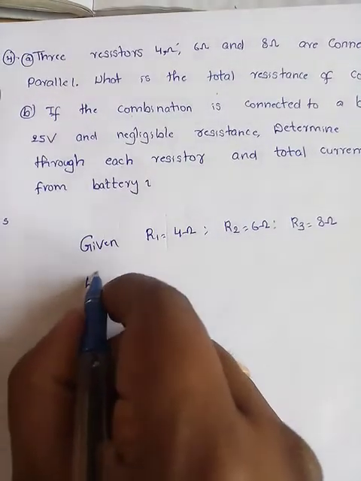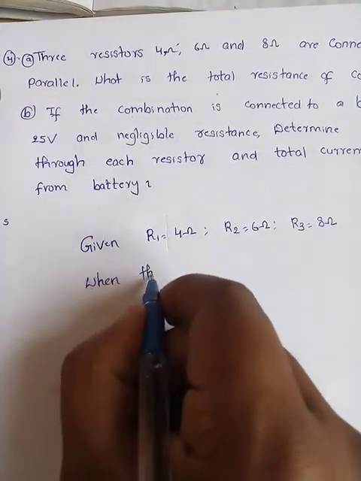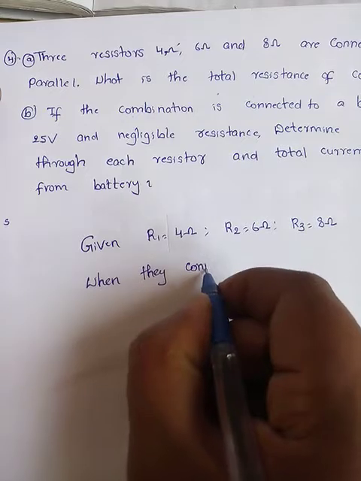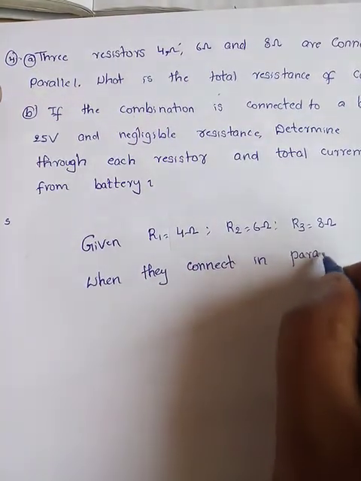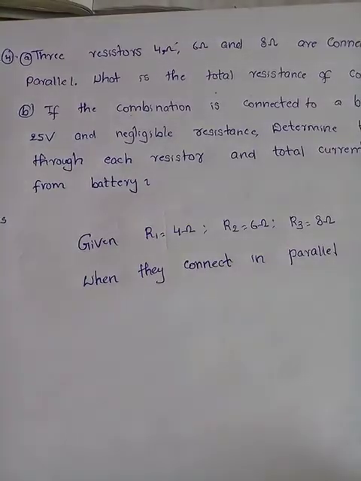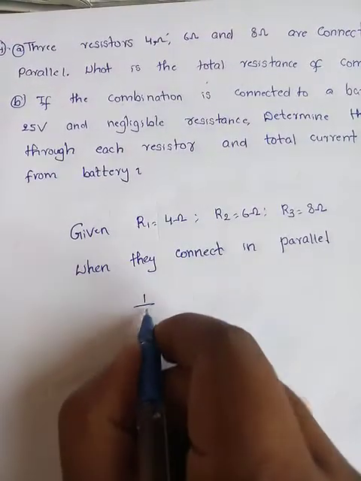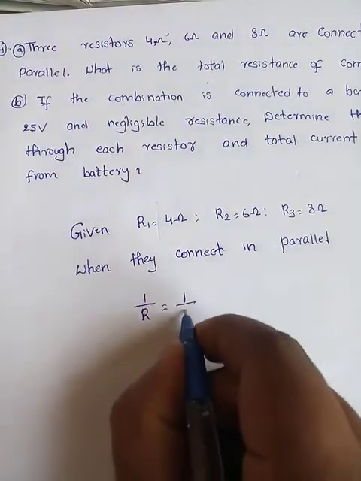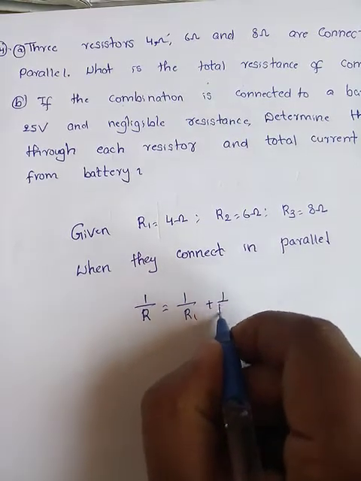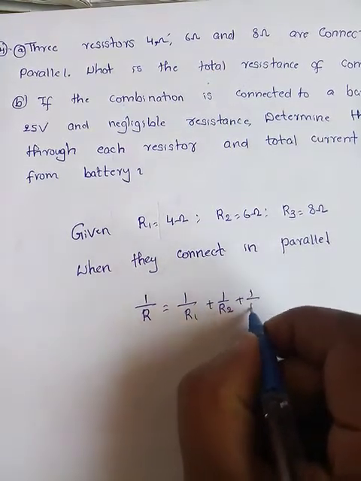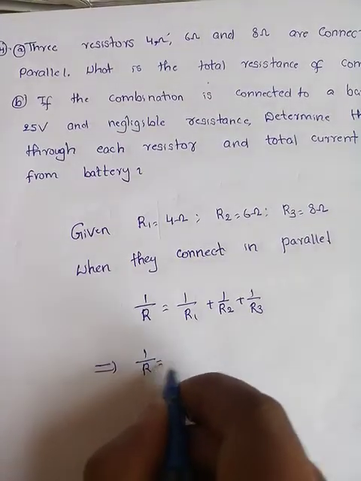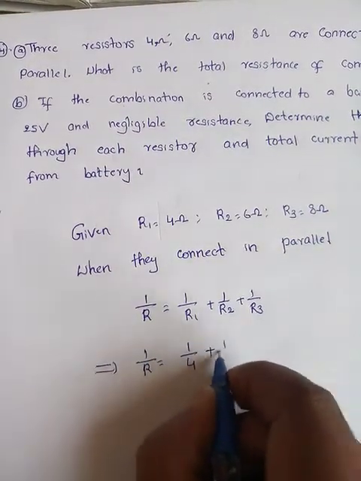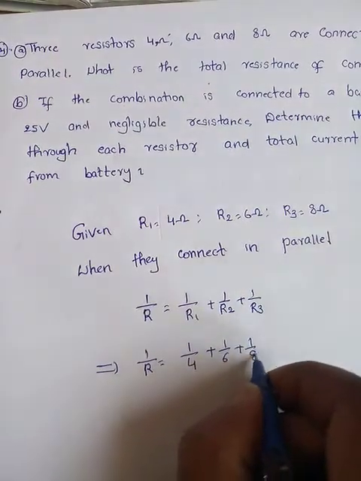When they are connected in parallel, what is the formula? 1 by R equals 1 by R1 plus 1 by R2 plus 1 by R3.